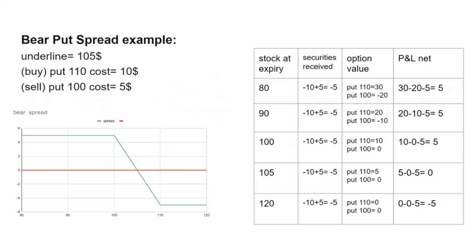So let's have an example for a bear put spread. In this example, the underlying right now is at 105.